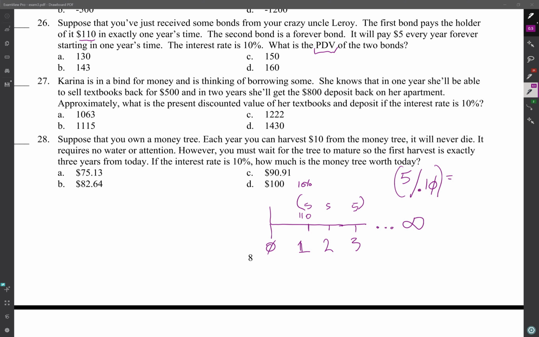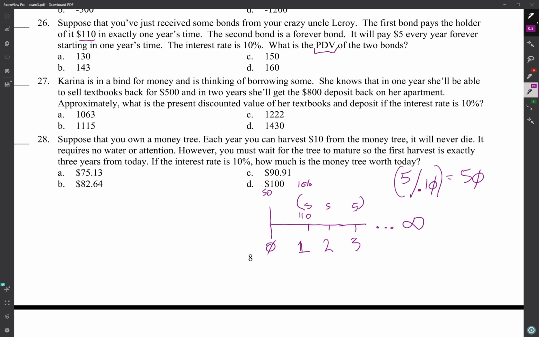So I'm just going to plug this in. All right, so 5 divided by 0.1 is just going to be 50. Always do this. I know these are simple calculations, but this is also where we make mistakes. I don't want you guys to make any mistakes. So we know that the value of this perpetuity now is $50.